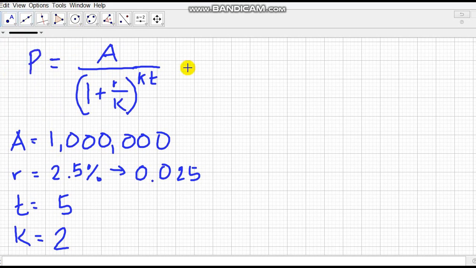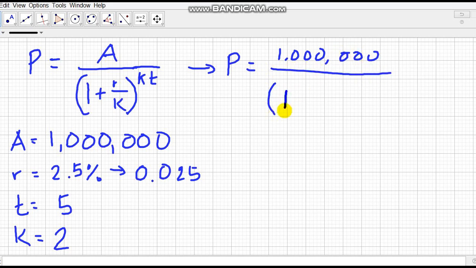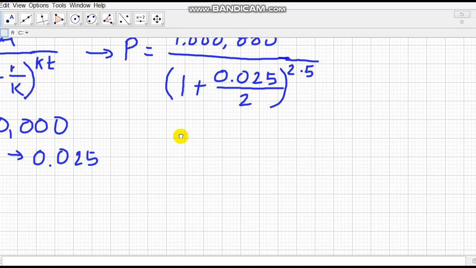So let's substitute those values in our formula here. So P is equal to 1 million all over 1 plus the rate, 0.025, over K, which is 2, raised to 2 times 5. Take note that we have to be very specific on the period that we're going to have because it affects our answer a lot.